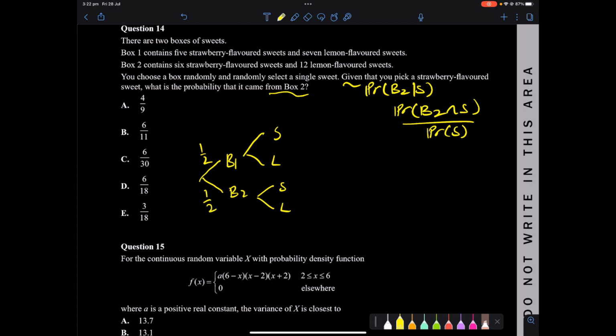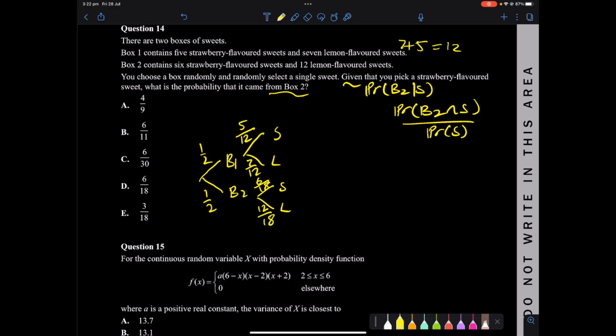For box 1, we know there are 5 strawberries, but what's the total? 7 plus 5, which is 12. So this one should therefore be 7 on 12. And for box 2, we know there are 6 strawberries. What's the total? So 6 over 18 and 12 over 18.